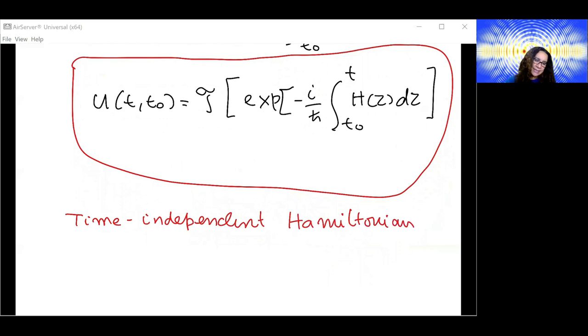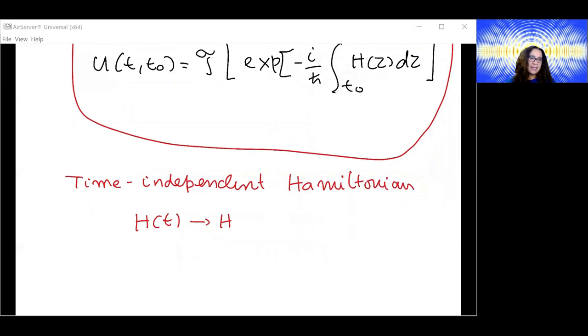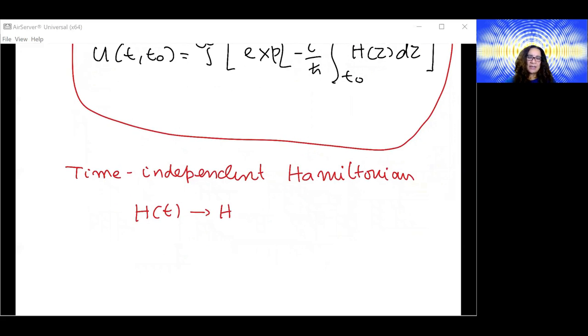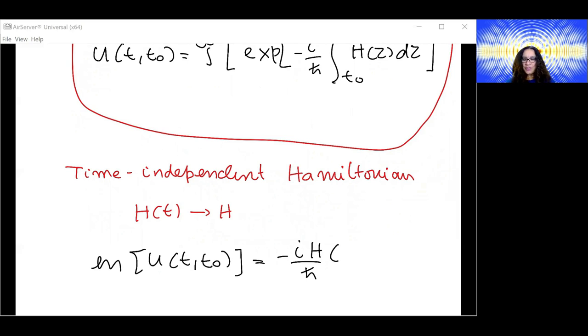In this case, it doesn't depend on time, which means that we're going to have this expression if we solve the differential equation to first order in time, which is the Schrödinger equation.